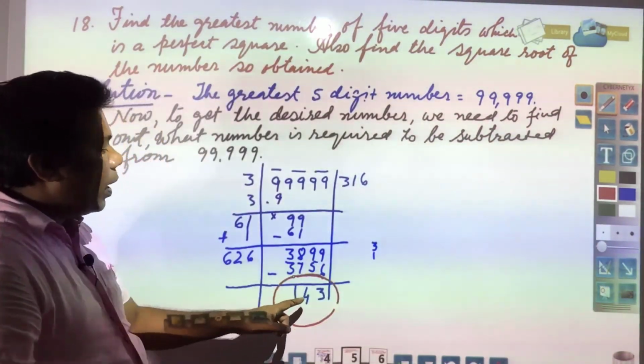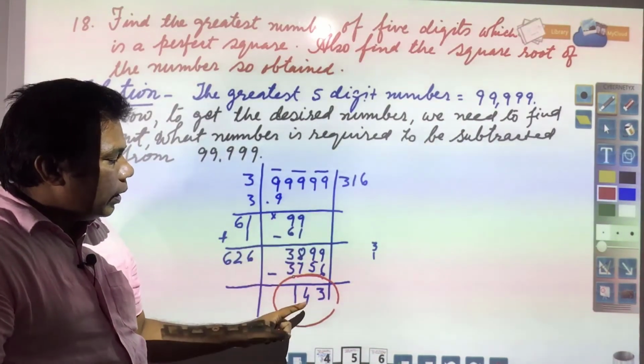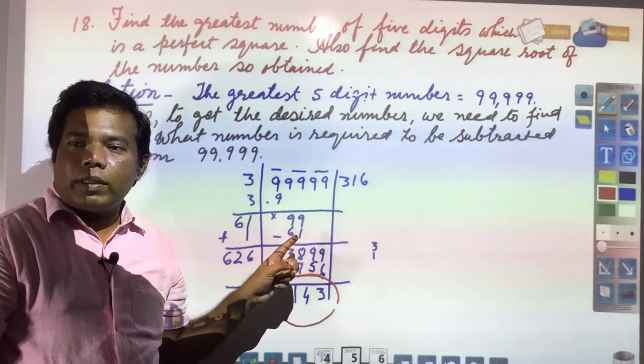This number is required to be subtracted from 99,999, so that this number will become a perfect square.